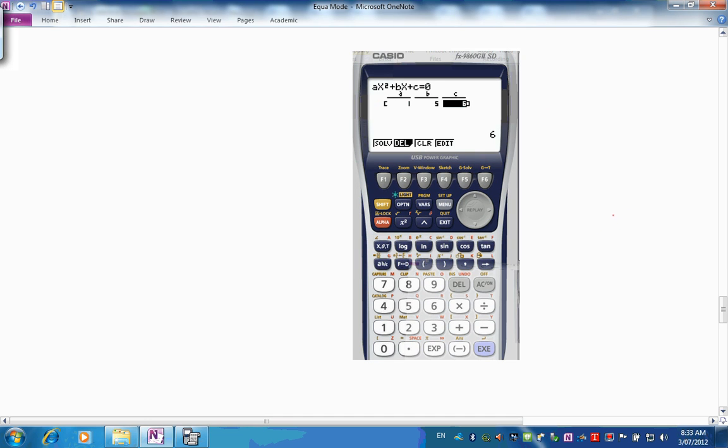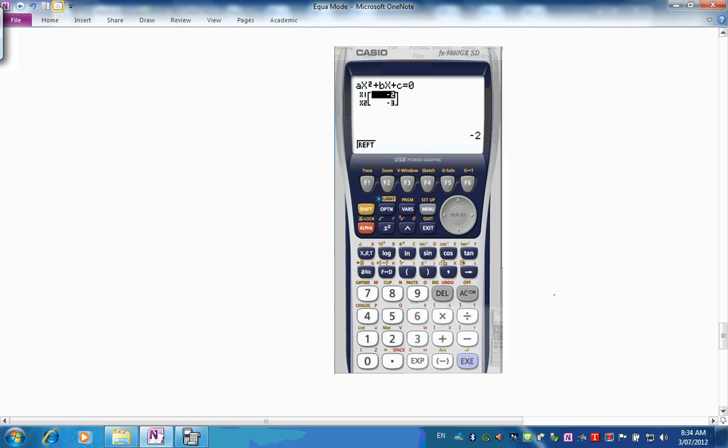So it will give you our equation. Yes, this is right. 1x squared plus 5x plus 6, and always equals 0 in this mode. So we've got that, and let's hit execute again, or you can hit F1 to solve it. If you hit execute again, you will get the solution nicely listed.